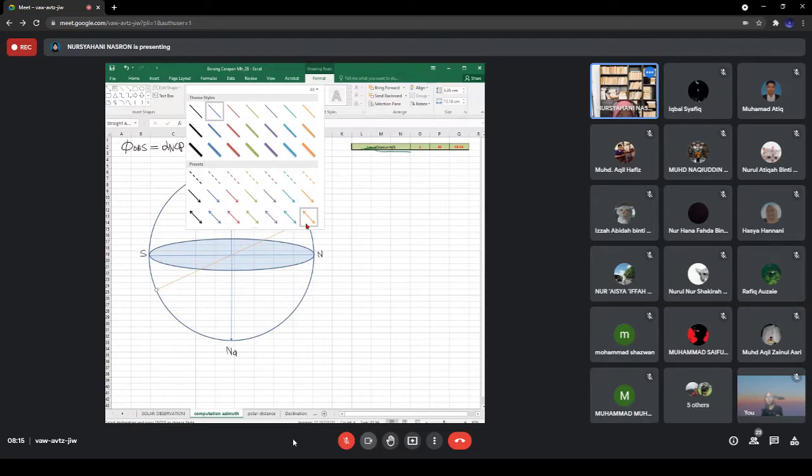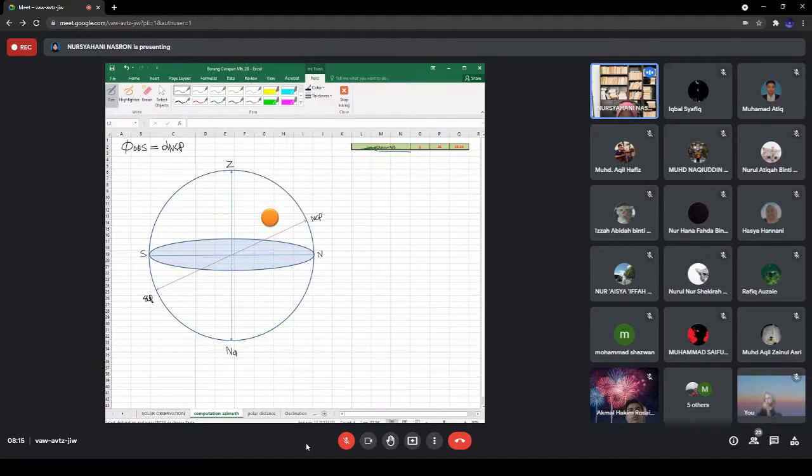This is NCP and SCP, where the latitude of observation is equal to altitude of NCP. This is the altitude of NCP, from the horizon to the NCP. It means the same as the latitude value here, equal to the latitude of the observer.